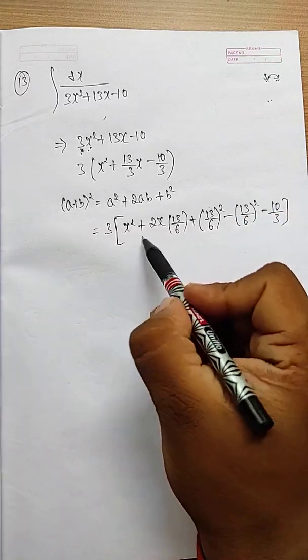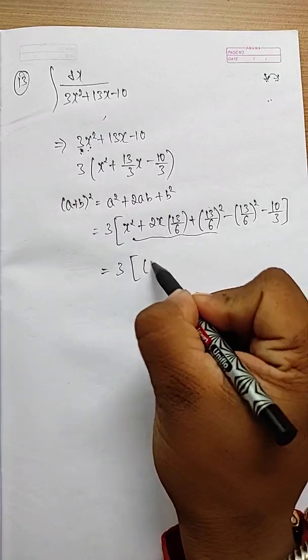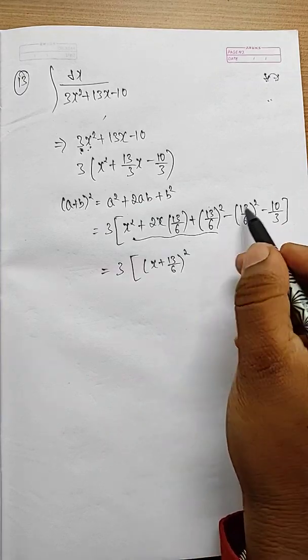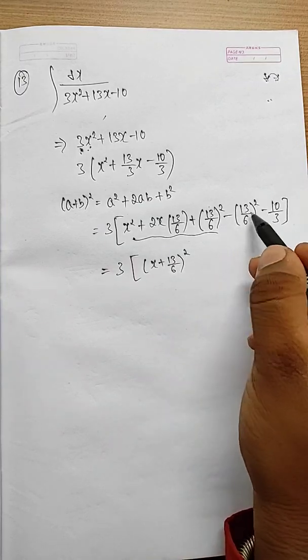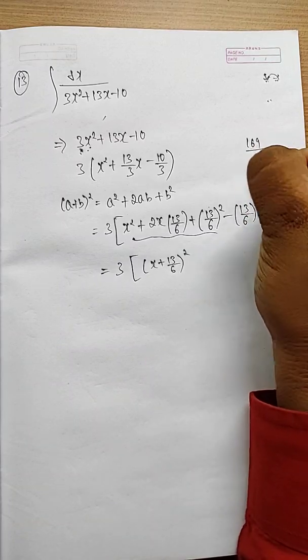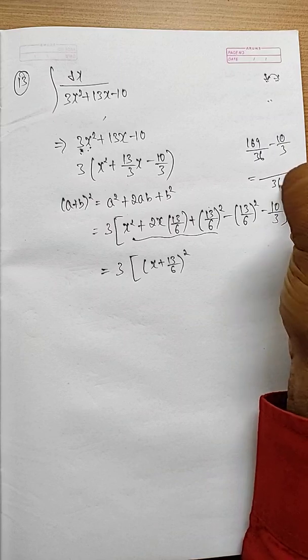Now I am writing this whole term as 3 into x plus 13 by 6 whole square minus, here 13 by 6 whole square means 169 by 36, minus 10 by 3. If you take the LCM, 36 is the LCM.